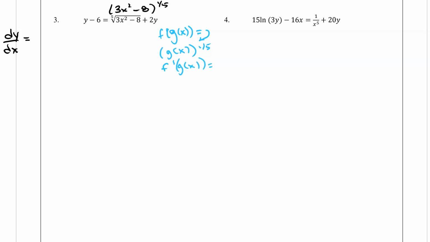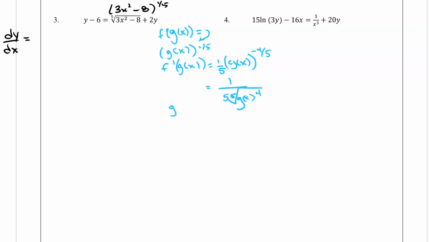The derivative of that is 1/5 g of x to the 1/5 minus 1, or negative 4/5. Rewrite that, it's going to be 1/5 g of x. 4/5 becomes the 5th root of g of x to the 4th.